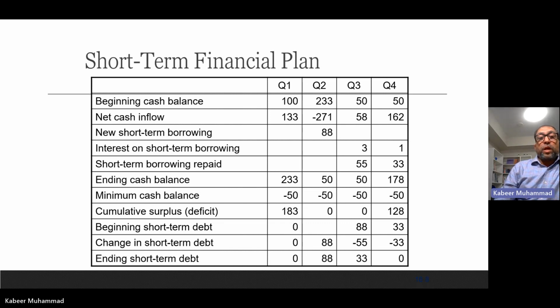Out of 88, we paid 55 in this third quarter. And then the ending cash balances are like 233, 550, 50, and 178. So that's our target, that the minimum should be 50. Here we achieve that target, as it does not go below 50.